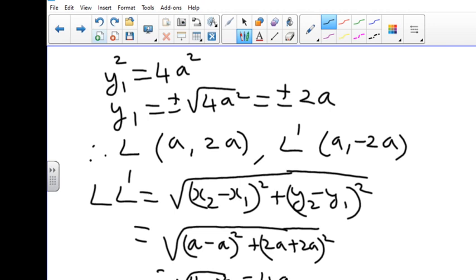So the length of the latus rectum is equal to 4a. Similarly, we have the same for the other three standard forms. So the length of the latus rectum for all four forms is 4a. Remember this in your mind.